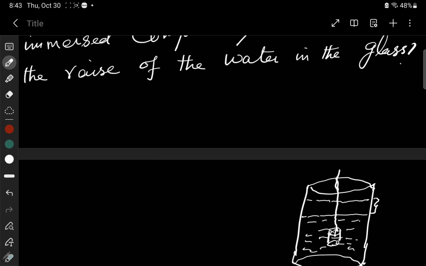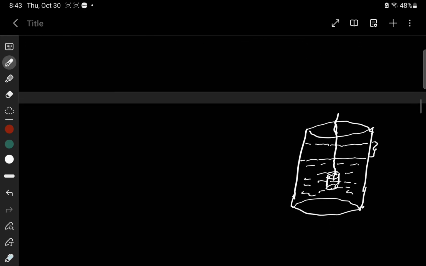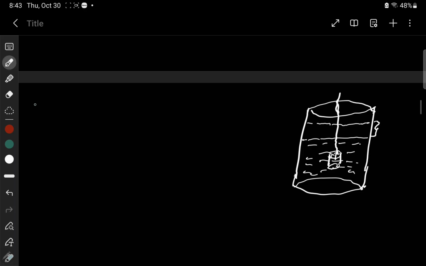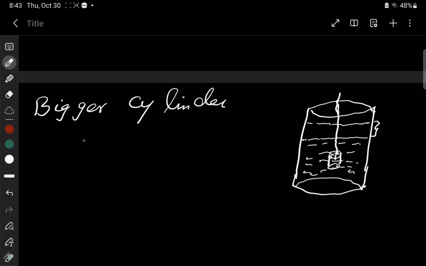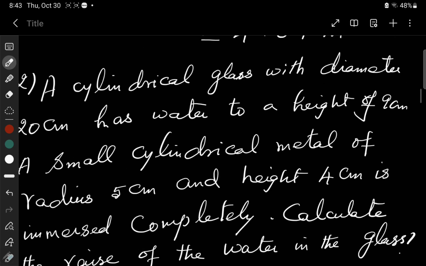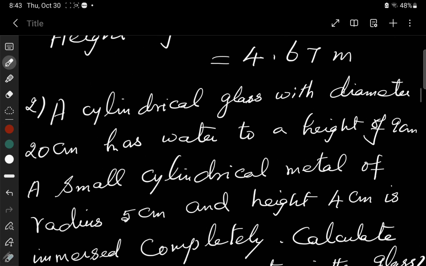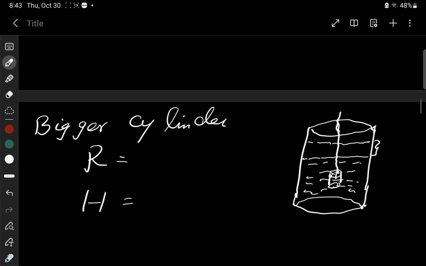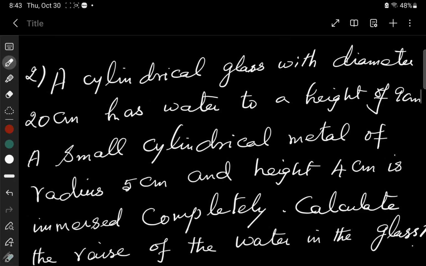How much is the water level raised here? So let me take the two cylinders. One is the bigger one and the other, the metal cylinder, is the smaller one. Bigger cylinder: take this as capital R and capital H. How much have they given for capital R here? The diameter is given. So capital D is equal to 20 centimeter. Units are in centimeter, this is very important.